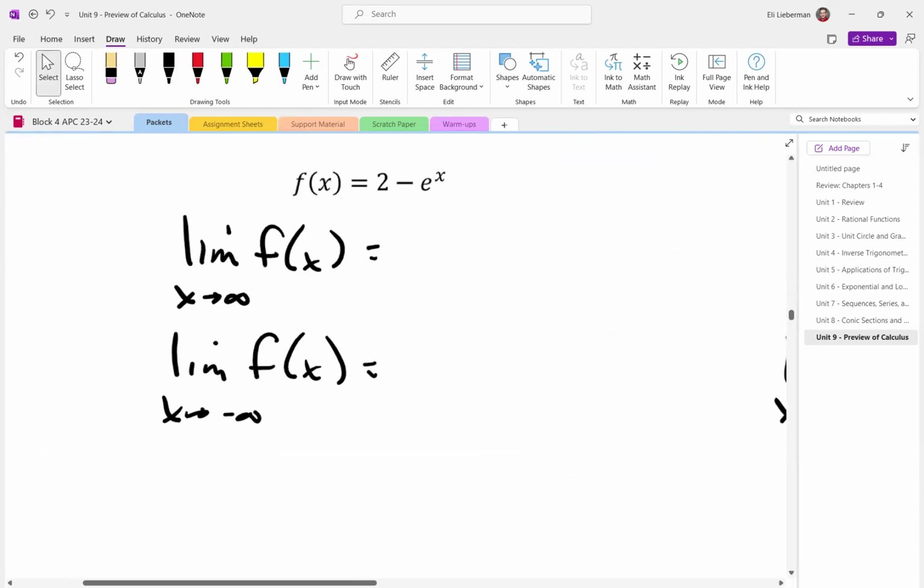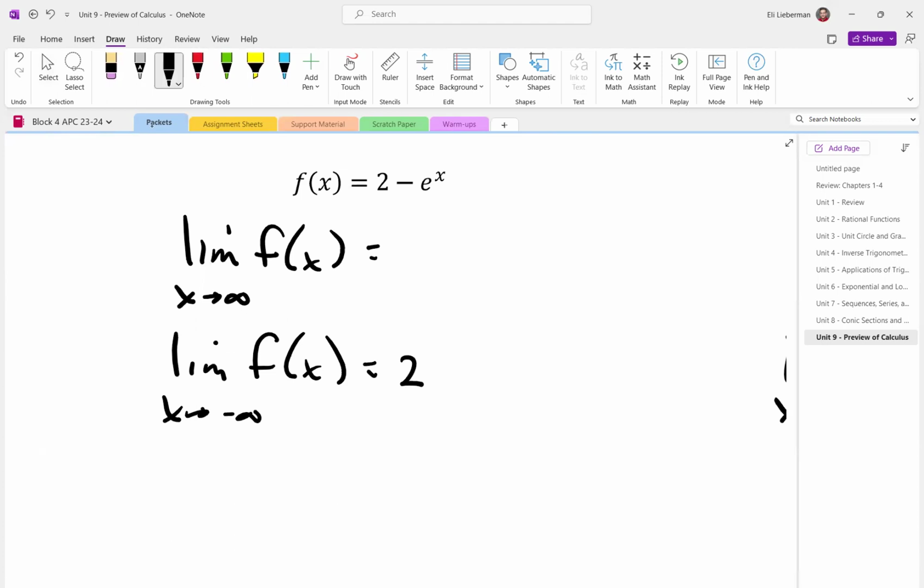Who'd like to help us with this one? Tell us how you did it, what you got. Yes, Andrew. Okay, so I started with the negative infinity version. I noticed that as x is getting smaller, more negative, the value of e to the x becomes increasingly insignificant, really small. So I said that the limit is 2.